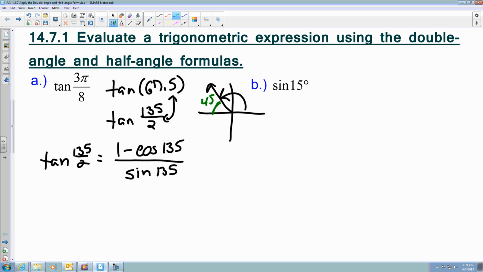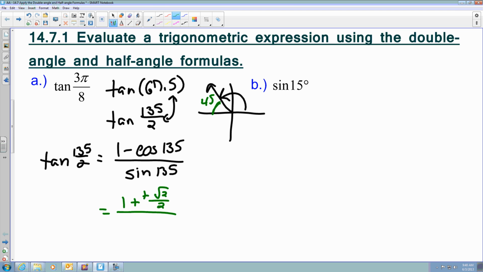It's going to be 1 minus, well, cosine of 45 is the square root of 2 over 2. But since it's a reference angle, we must go to our chart and say, okay, in quadrant 2, cosine is negative. So that means it's going to be a negative square root of 2 over 2. Since I got negative negative, this becomes plus, divided by the sine of 135.